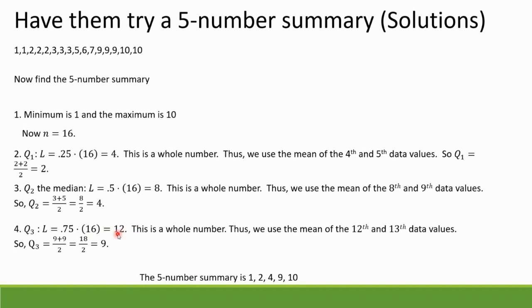So if this was 12.2, then you would get the data value in the 13th position. But since it's a whole number, 12, we have to get the mean of the 12th and 13th data values. You could count from the bottom, starting at 1. Here we have 16, so 16, 15, 14, 13, and they're both equal to 9, so the mean of 9 with itself is just 9, of course.